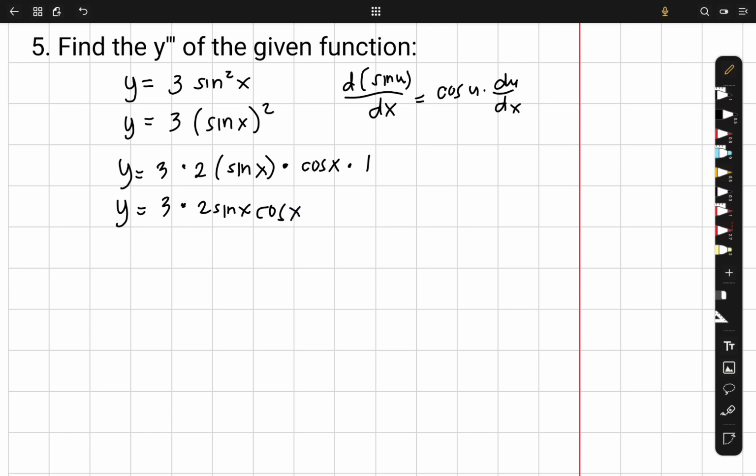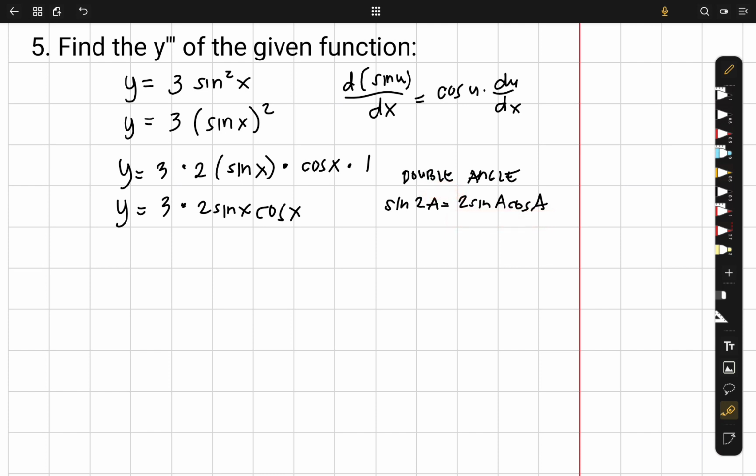Kung familiar kayo sa trigonometric identity ng double angle, so double angle identity na kung saan yung sine 2a is equal daw sa 2 sine a cosine a. And this form can be transformed in this form.